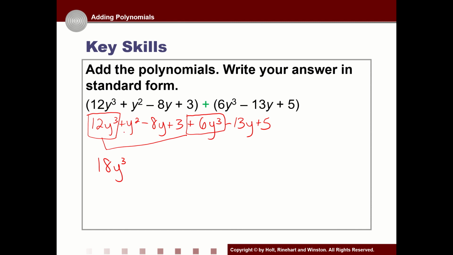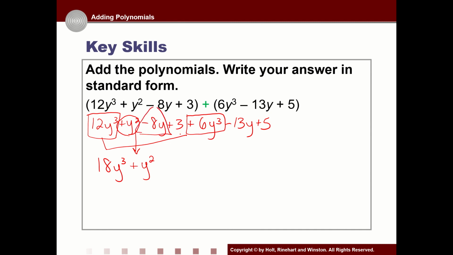Then I look at the next one. I have a y squared term. So I'm going to look through. That's just a y, no y, no y. So there's no other y squared term. So this doesn't change. It just needs to come down, plus y squared. And then I have negative 8y.